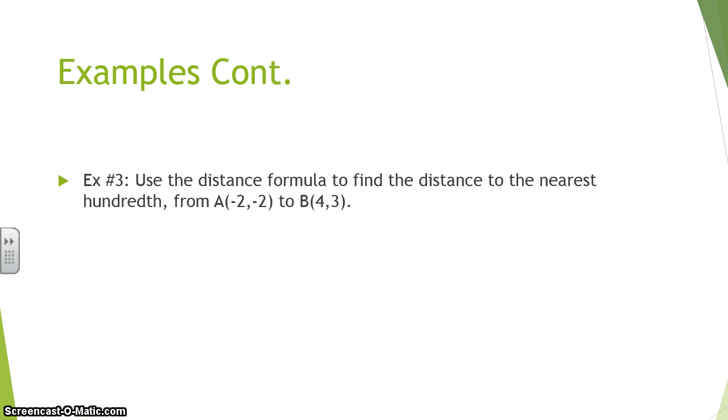Our third example, we're now getting into the distance formula. It says, use the distance formula to find the distance to the nearest hundredth from A, which is (-2, -2), and B, (4, 3).